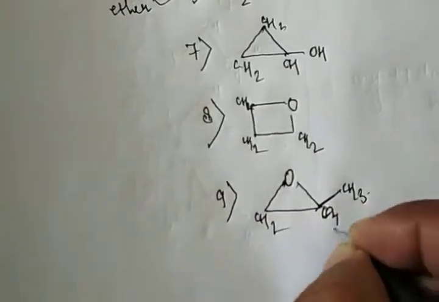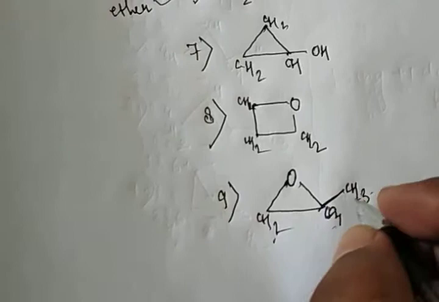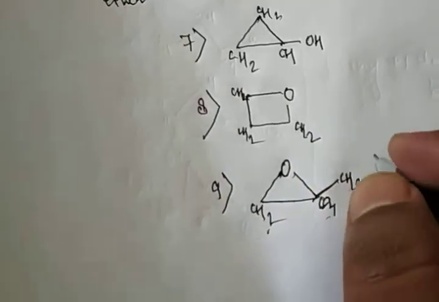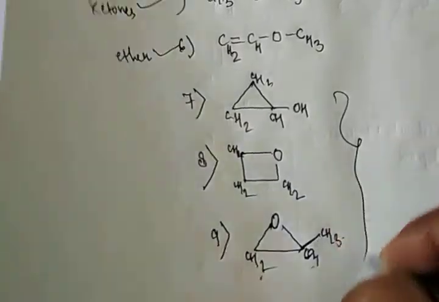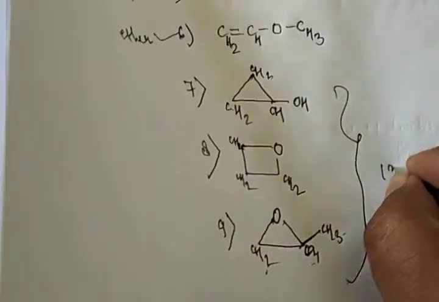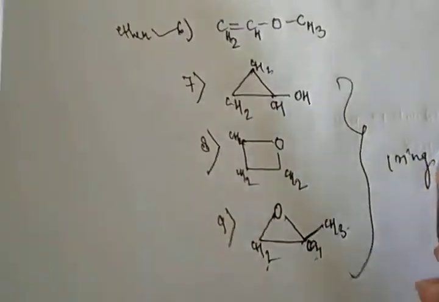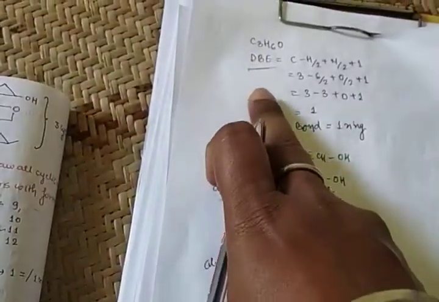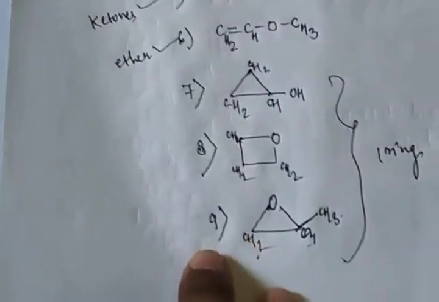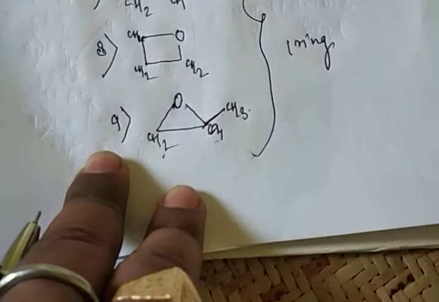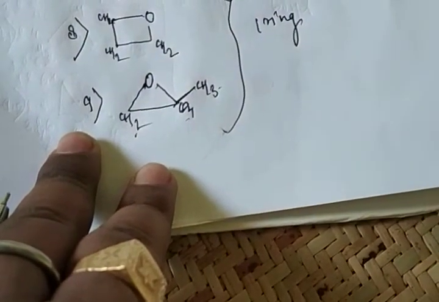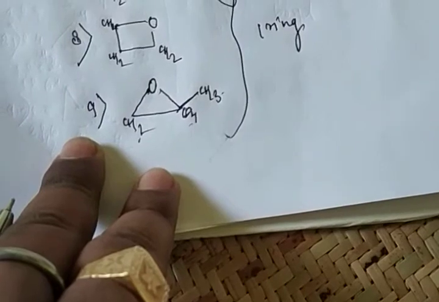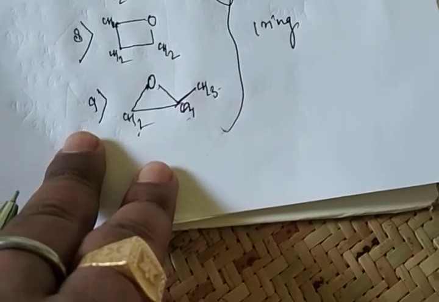Just count 6 hydrogen, 3 carbon and 1 oxygen. These are the 1 ring structures. How many structures are found in C3H6O? There are 9 structures. Clear? Clear all of you? Okay, done.